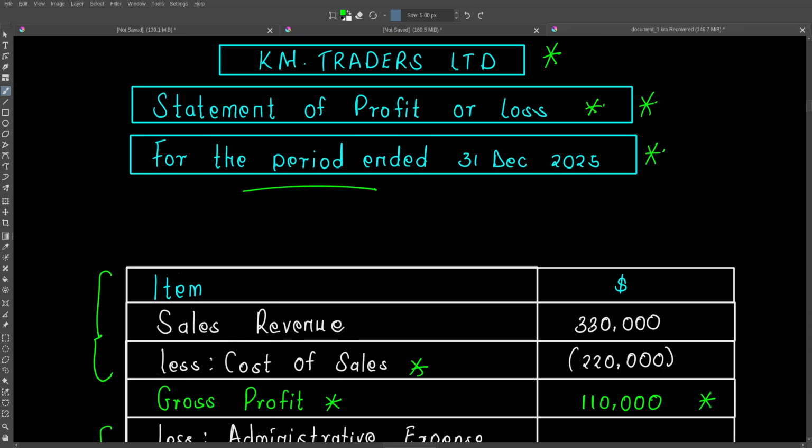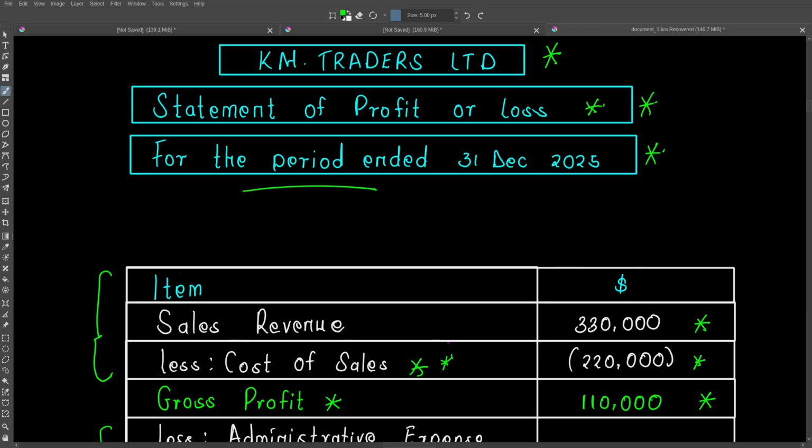And when you're reading one, as someone who is looking to understand it, you are able to see the direct sales revenue that the business has collected during a certain period. You are able to see the cost of buying or manufacturing whatever they are selling, okay? This is where you're going to find it.